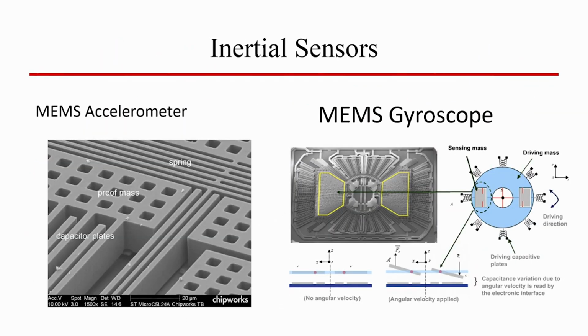Now, let us very quickly see there are other sensors which are called inertial sensors, and in that we are talking about MEMS accelerometer, and we have MEMS gyroscope, alright. Gyroscope can measure the angular velocity that we have applied, right. Accelerometer can also understand what is acceleration, in which we can have the springs, capacitor, proof mass, and same thing goes for your sensing mass, driving mass in case of the gyroscope.